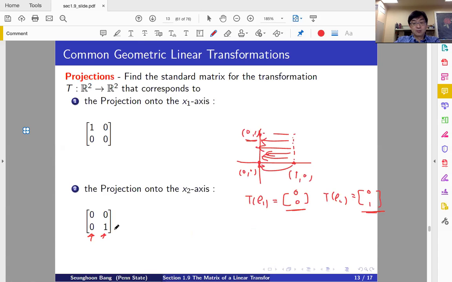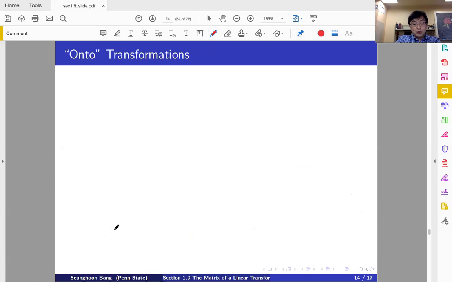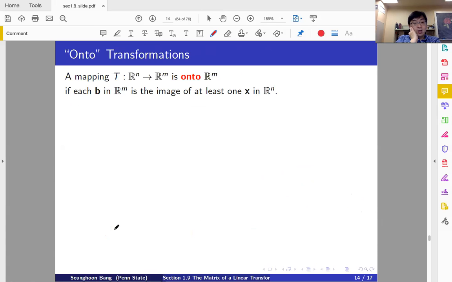The next topic, onto transformation. A mapping T, Rn to Rm, is onto Rm. What does it mean? Each b in Rm is the image of at least one x in Rn.